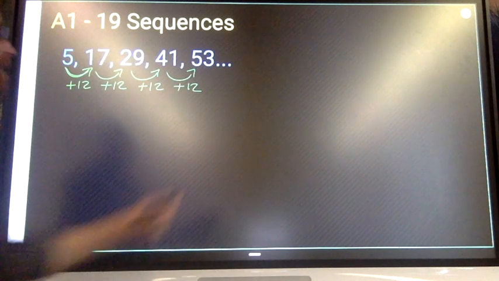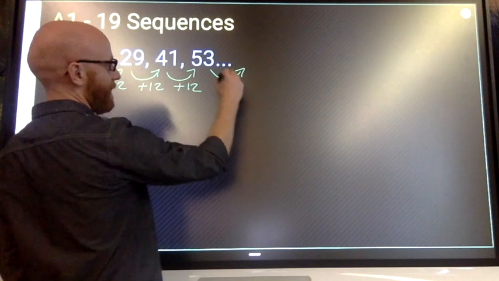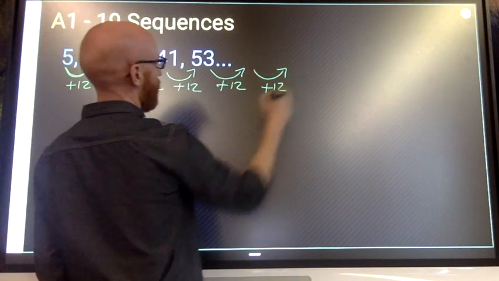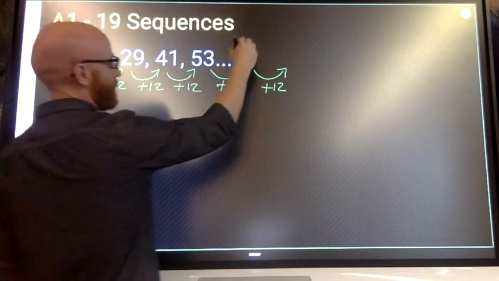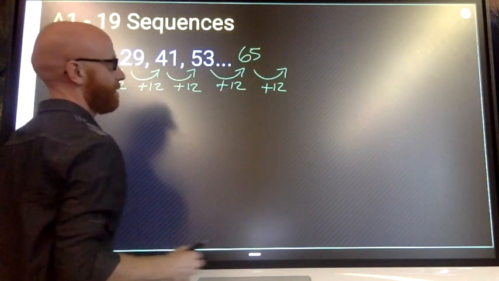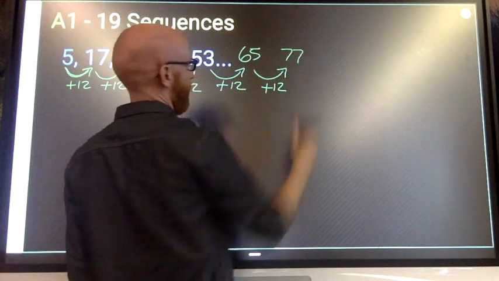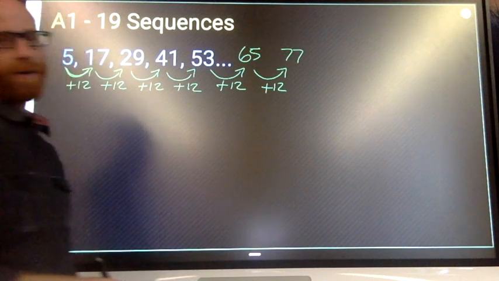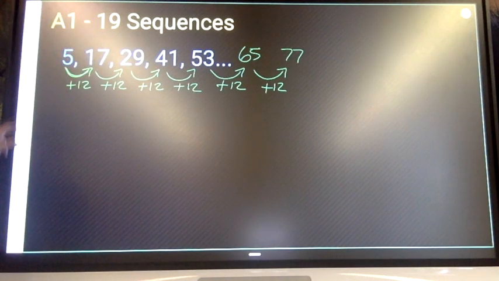Okay, if I want to continue the pattern, I'll continue counting by 12s. All right, so the next two terms would be 53 plus 12, 65, 65 plus 12, 77, and so on. Okay, so my recursive rule is plus 12.